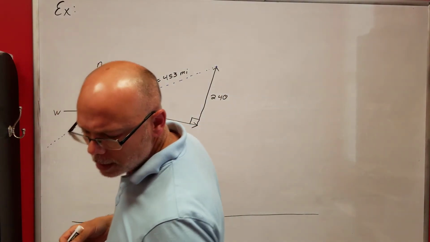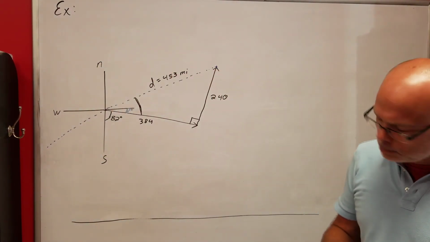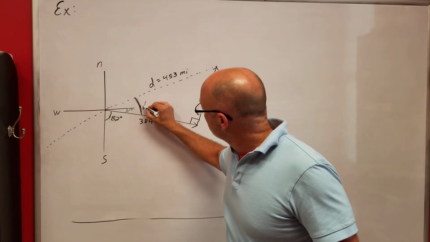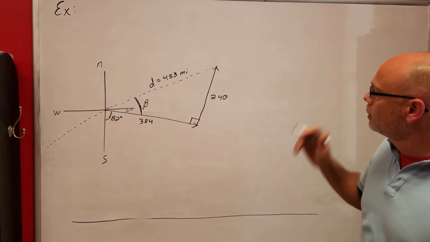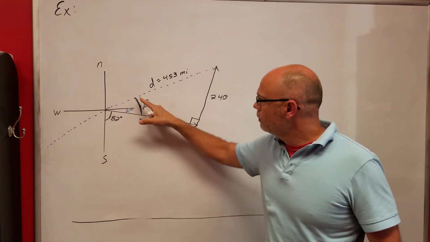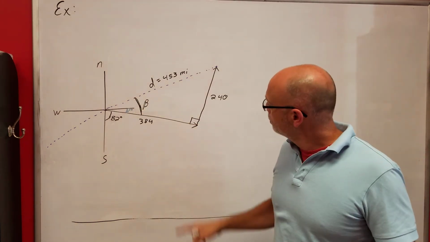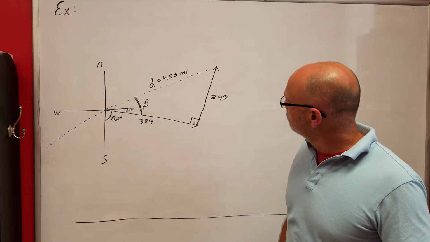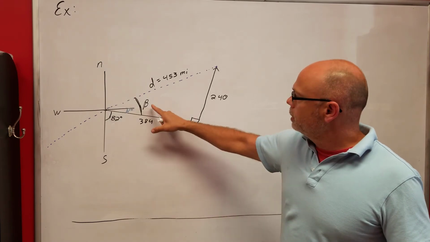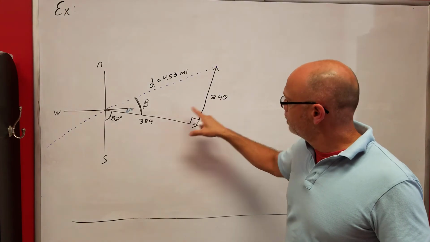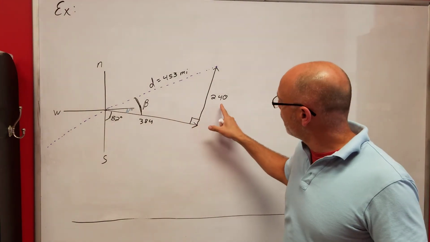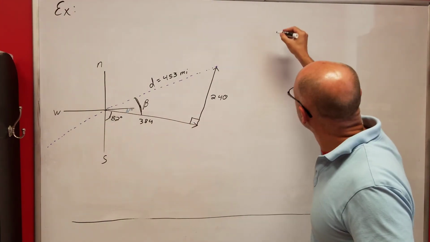In the notes, I used beta here, but it doesn't really matter what you call it. How can I find the measure of angle beta? Well, if I have a right triangle, the tangent of beta is going to be 240 over 384, or opposite over adjacent.